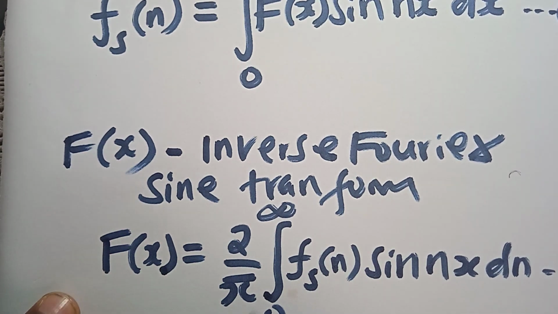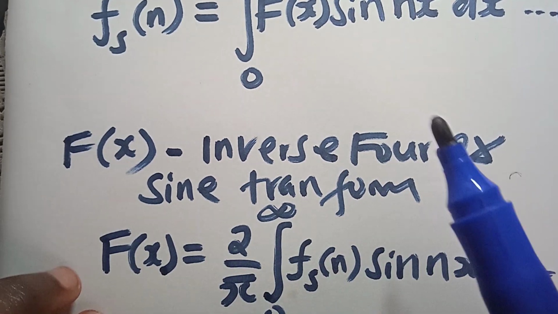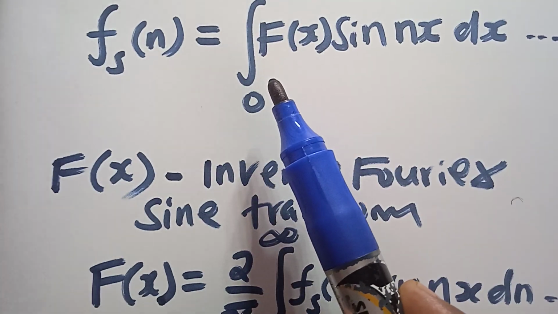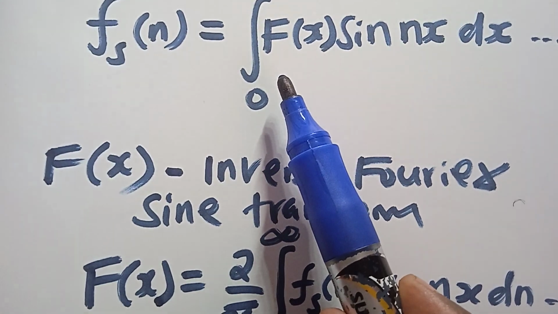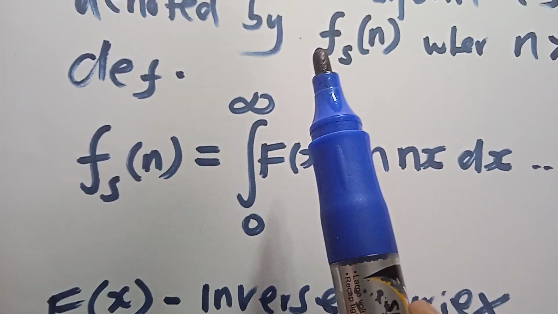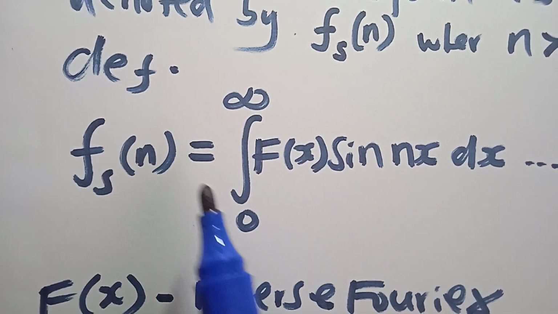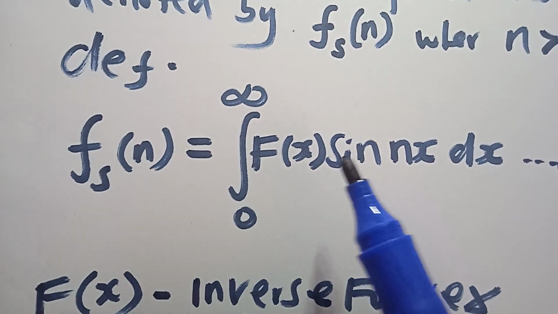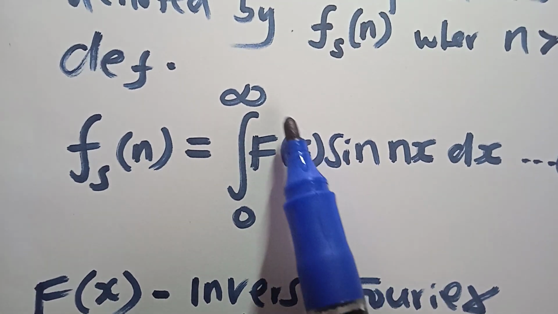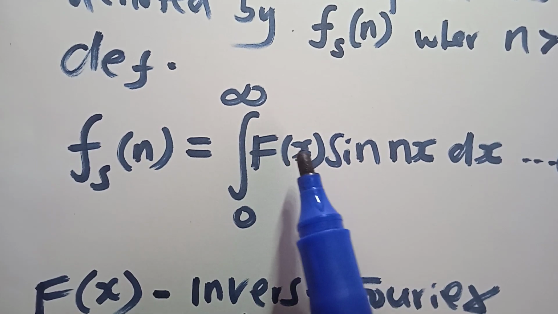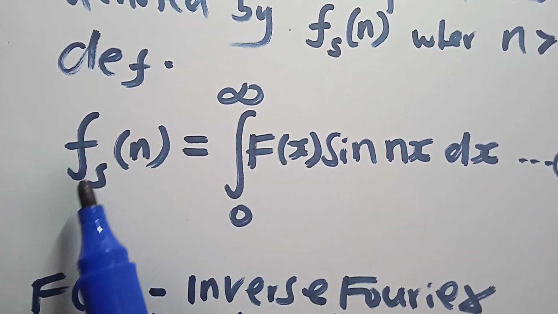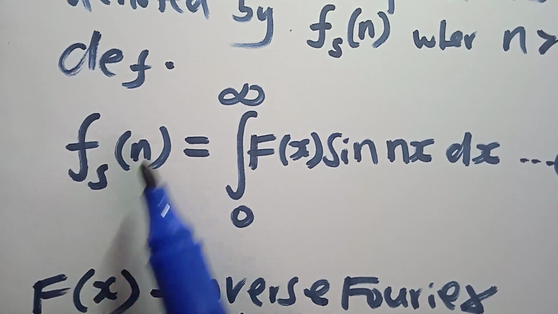So this is now the definition of the inverse Fourier sine transform, while the other is the definition for the infinite Fourier sine transform. If you want to get the Fourier transform of a given function f of x, then that is denoted by fs of n.